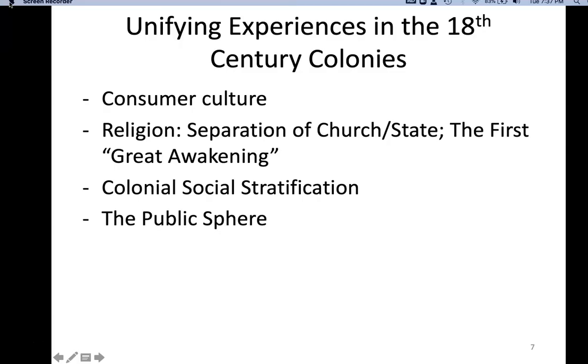Now, some of it is obvious because in the middle colonies, for example, we notice this influx of non-English immigrants coming in. So that's an obvious contributory factor, if you will, to this differentiation.